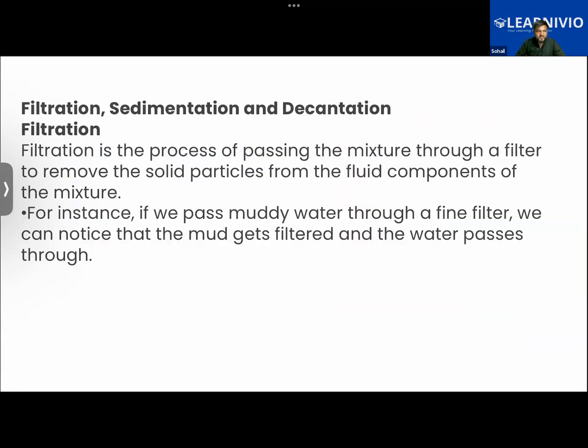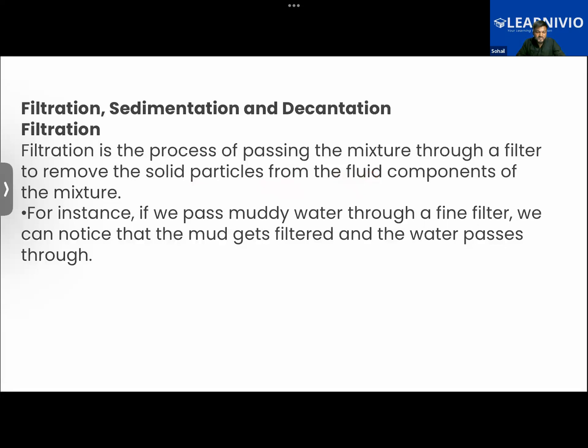So we learned about filtration also. It was the process of passing the mixture through a filter paper to remove solid particles from the fluid components of the mixture. Fluid basically refers to liquid. So here you are separating the solid component of a mixture from a liquid component.